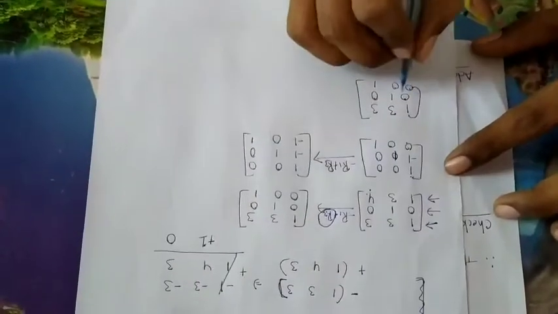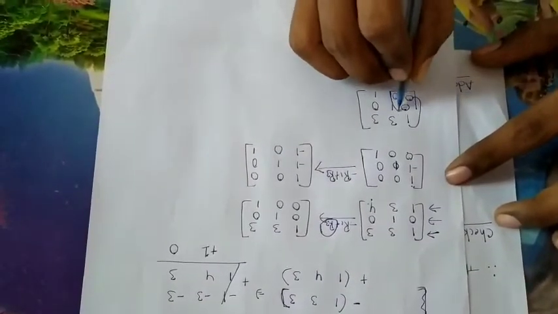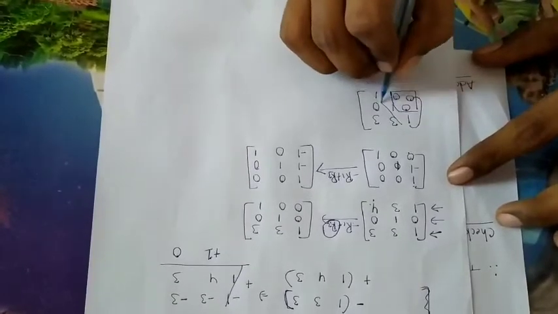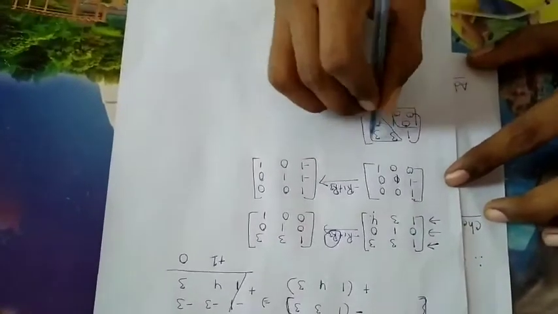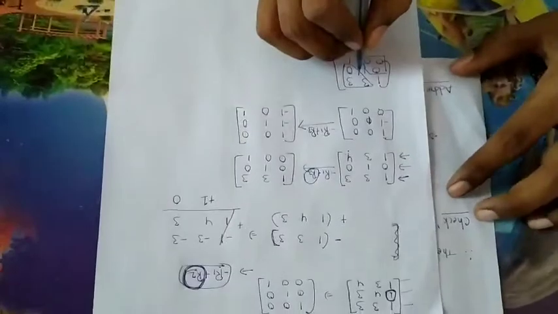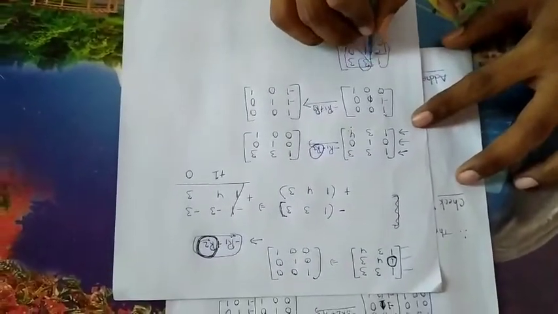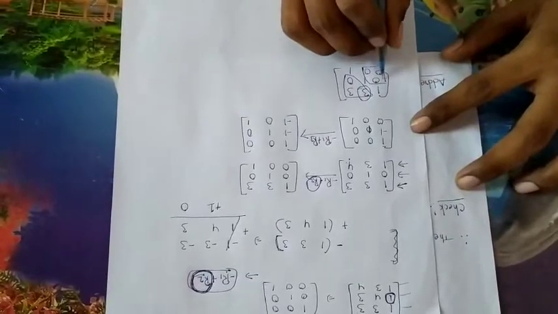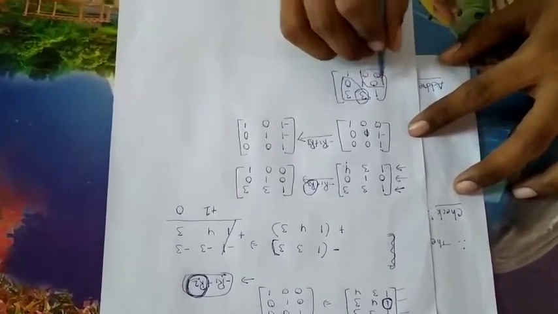Here my aim is to make the triangle format of these three values become 0, and the other three values here we have to transform into 0. Then I get the identity matrix. First I transform the value here, 3 becomes 0. Here the value is 3, and there is no 3 in these other rows.